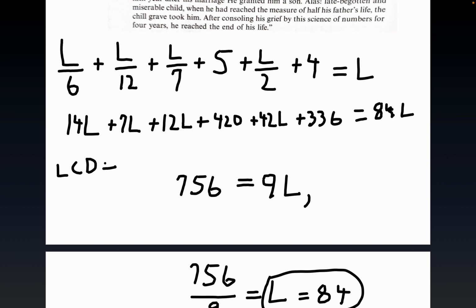And you can think of that in terms of prime factorization if you want, because 7 is not present in any other denominators. 6 is present in 12, so we don't have to worry about that. 6 is a divisor of 12, so 7 times 12 is the least common denominator.